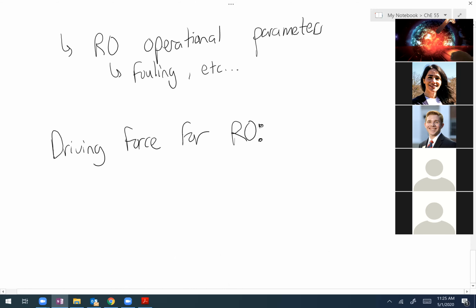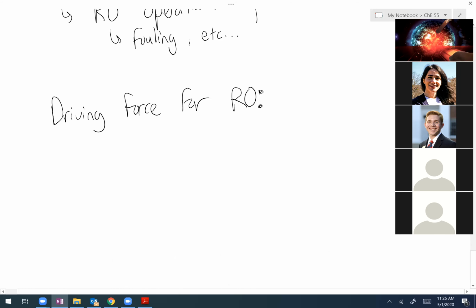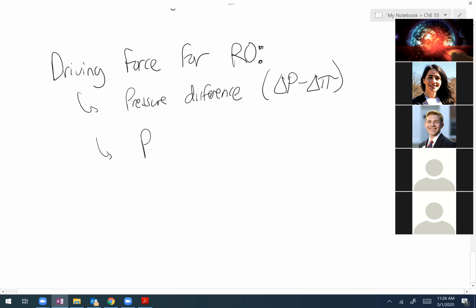So the driving force for reverse osmosis is going to be your pressure difference, which is your delta P minus delta pi, so it's your P naught minus P L minus your osmotic driving force resisting the force.